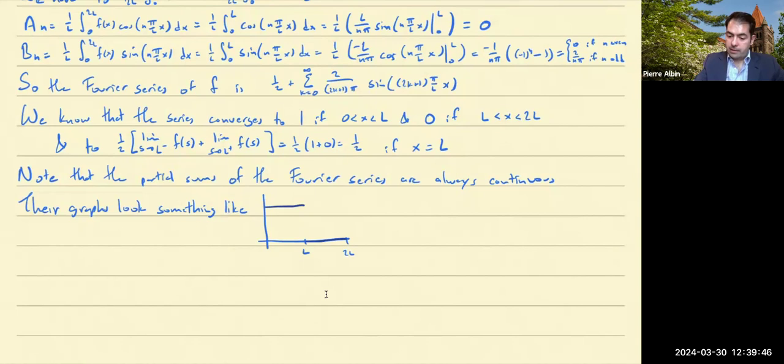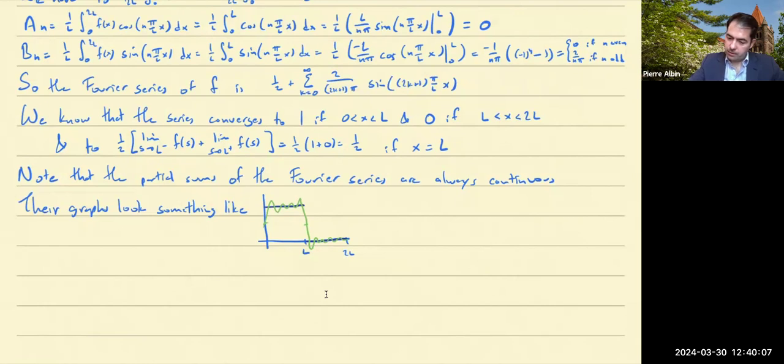Then I know it's equal to 1/2 here and it's 1/2 here. And what it'll do is go up something like that.